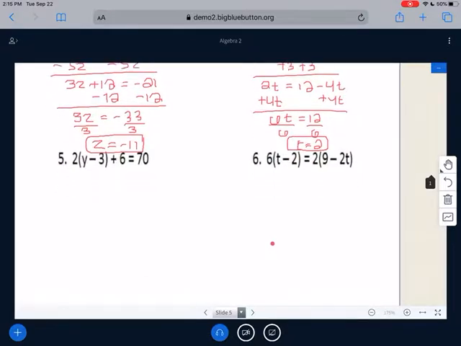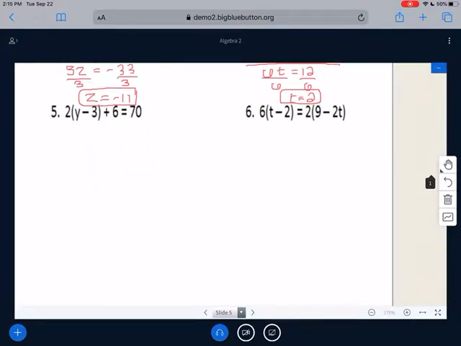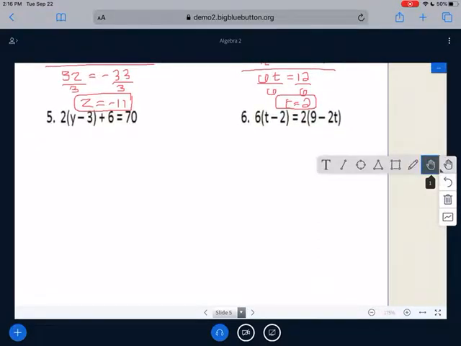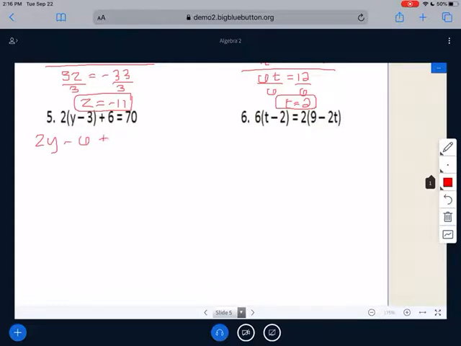Okay, number 5. So again, first thing I would do is distribute my 2. Upon distributing the 2, I notice I get a negative 6 and a positive 6.